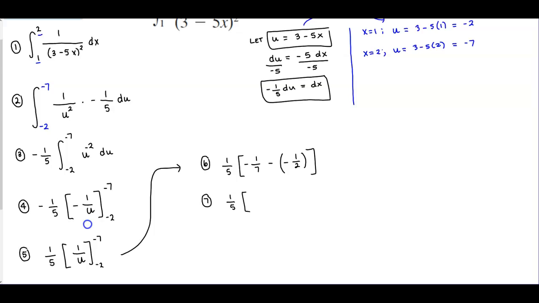So our common denominator is going to be 14. So this is going to become negative 2 over 14, and this is going to become plus 7 over 14. Which then makes this 1/5 times 5 over 14, which is equal to 1 over 14.